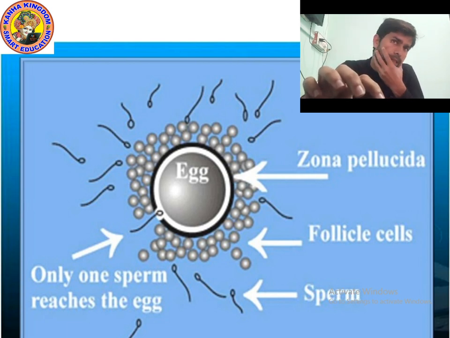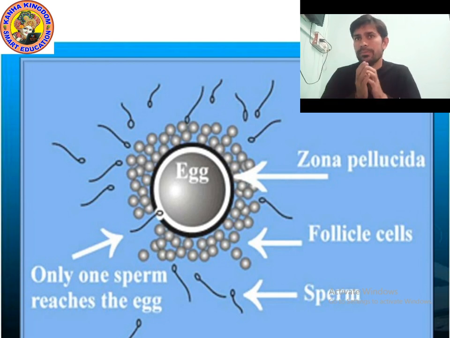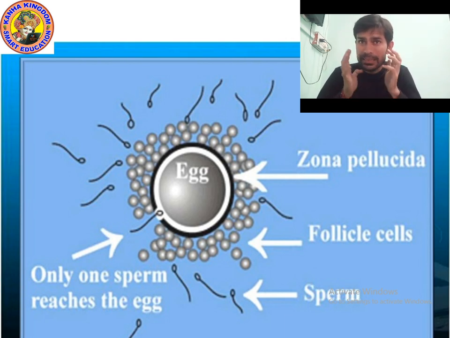And what is ovum and what is egg? We studied in the previous class what an ovum is. An ovum is a haploid female reproductive cell, which means it is a single cell. Both animals and embryophytes have ovum.